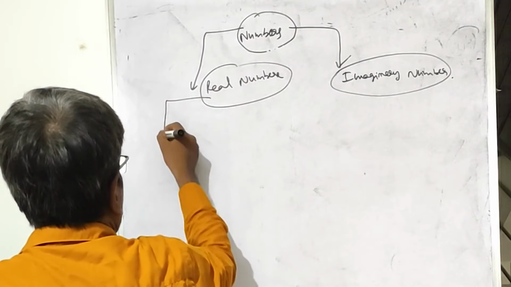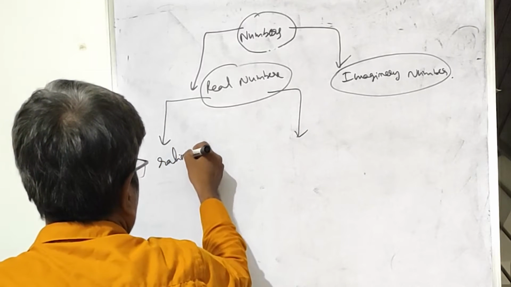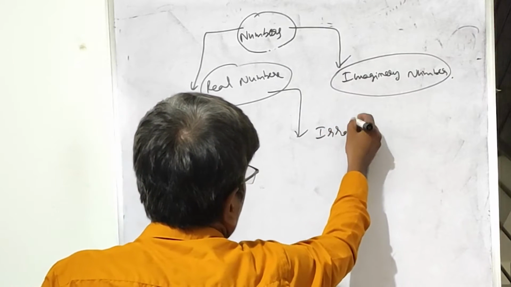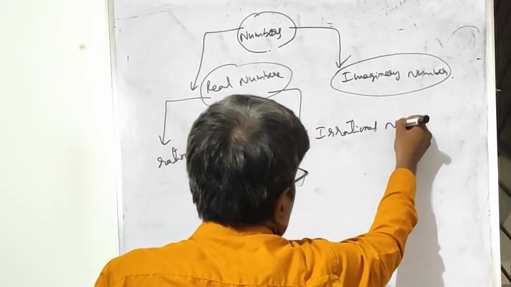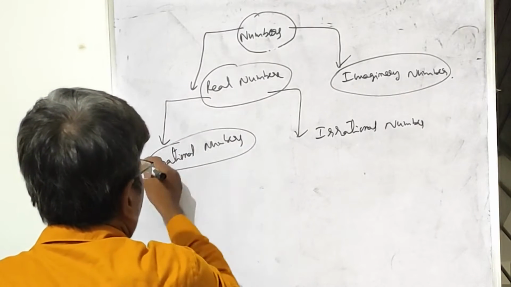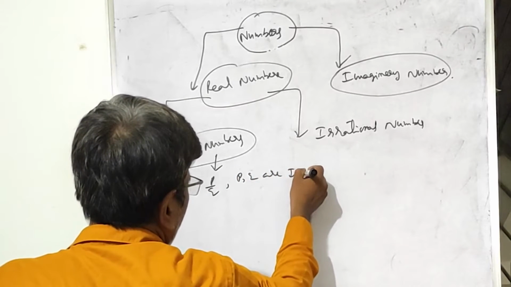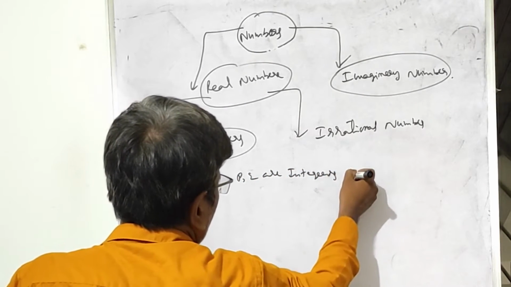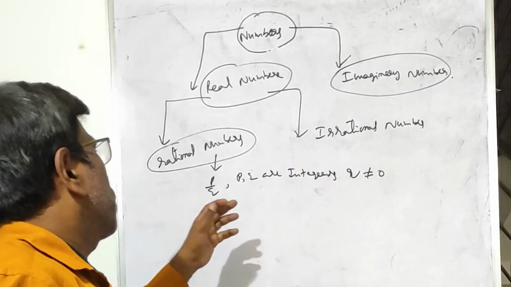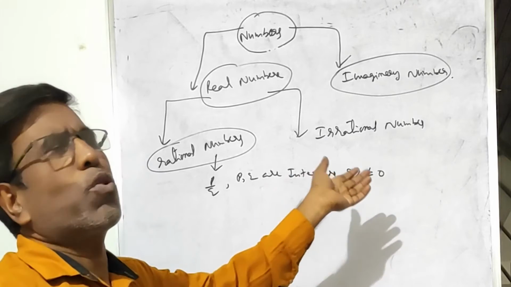Real numbers can be classified into two: rational numbers and irrational numbers. You already know that a rational number is a number that can be written as p by q, where p, q are integers and q is not equal to 0.